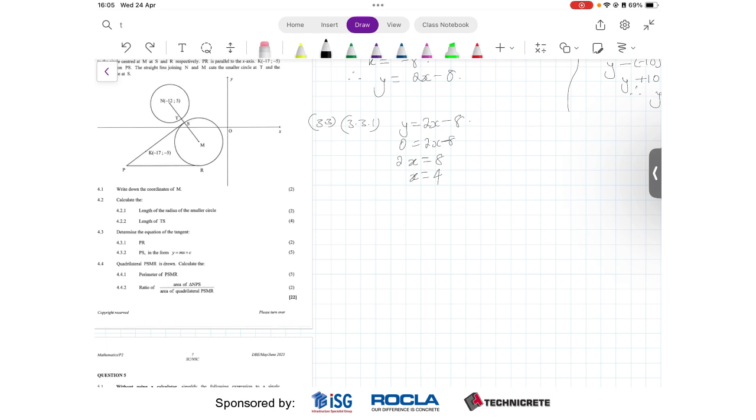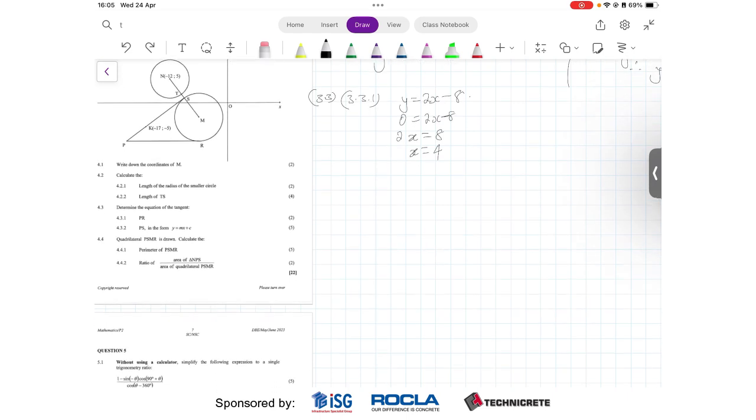Now the midpoint formula tells us that the x midpoint and the y midpoint are given by the XC coordinate plus the XA coordinate divided by 2, and the YC coordinate plus the YA coordinate divided by 2, right?